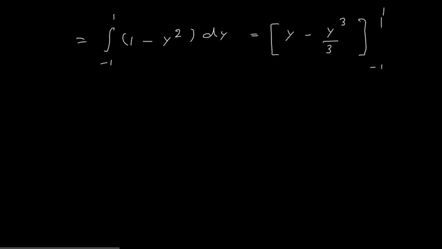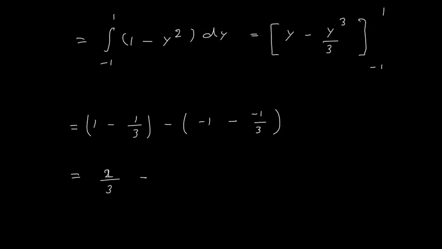First we put y as +1, which gives 1 minus 1/3, that is 2/3. Then I put -1: it is -1 minus (-1 cube is -1)/3, so -1 plus 1/3, which is -2/3.